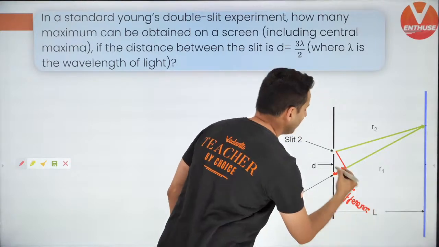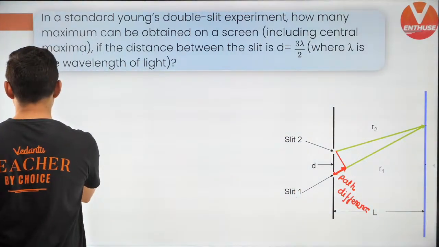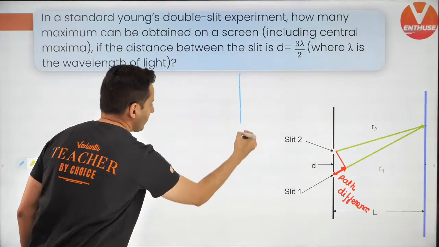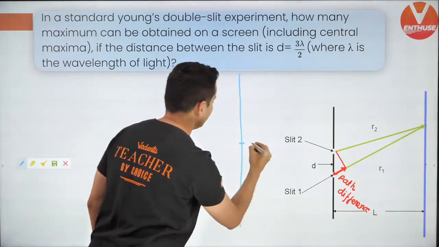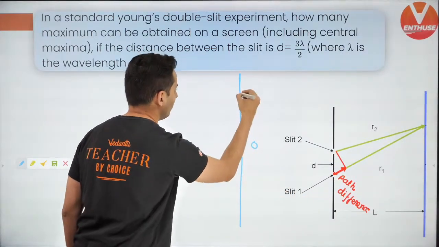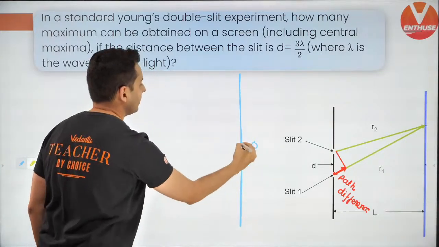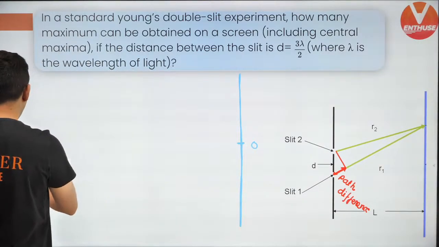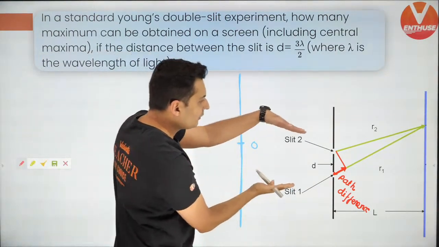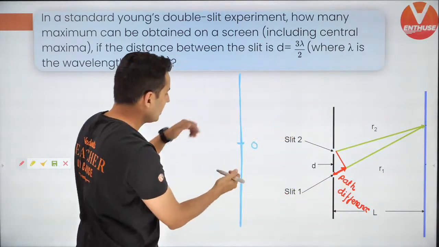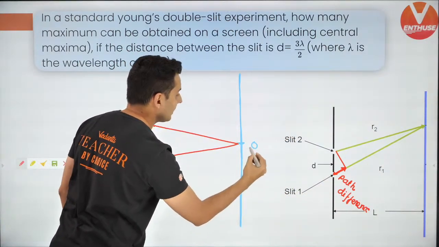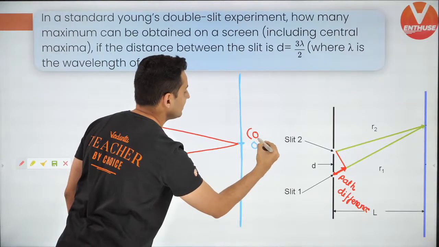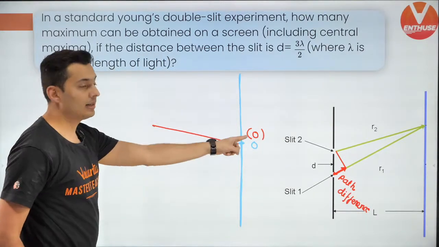Now if you think about it, if this is the point which is directly in front of it, this is like the origin. At that point, the rays will come over there simultaneously. So over there, the path difference will be 0.